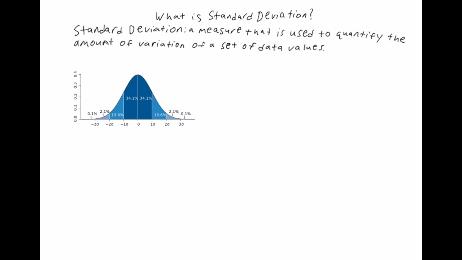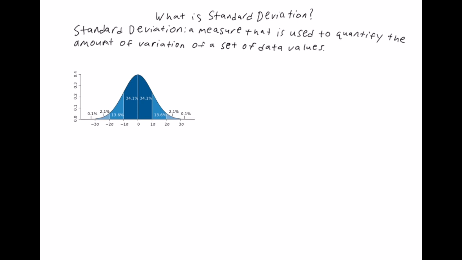What that means is, one standard deviation away from the mean is sort of like a margin of error sort of thing. How much the data usually deviates from the mean. How far most of the data goes away.